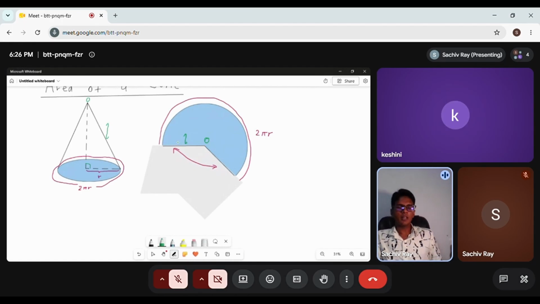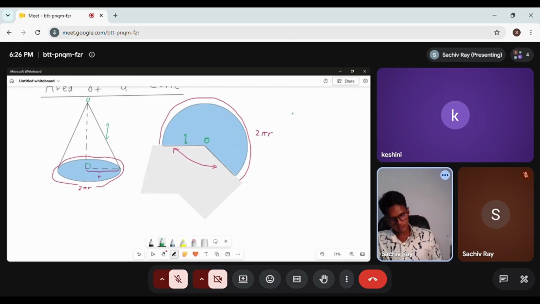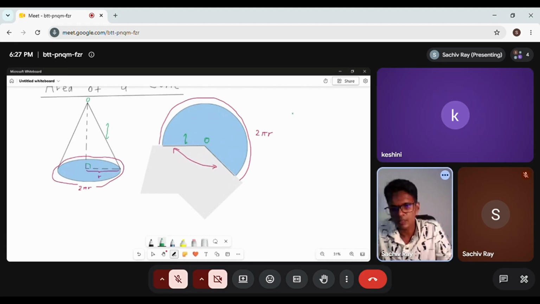Now, how do we find the area of a circle? Area of a circle is equal to what? Pi r squared. Right. Now, the area of a circular sector, not the full circle, just the part of it.